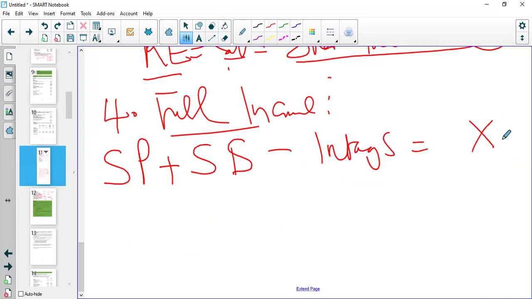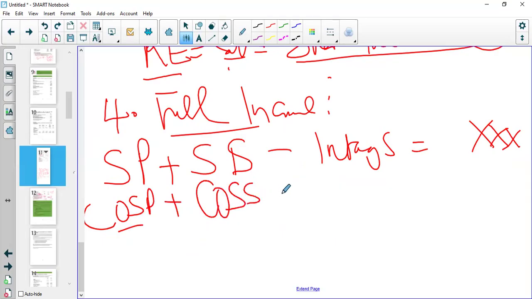So that's going to be our sales. And cost of sales of the parent plus cost of sales of the subsidiary, right? Then we subtract intra-group sales. Underline that. It's subtracted also from the cost of sales calculation.